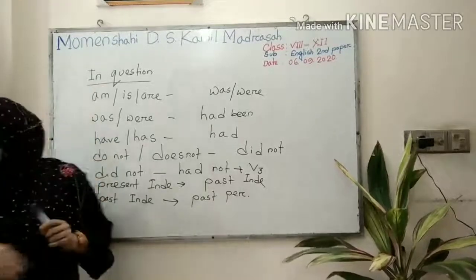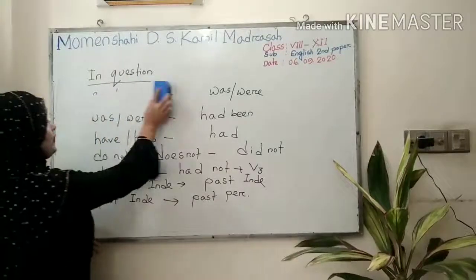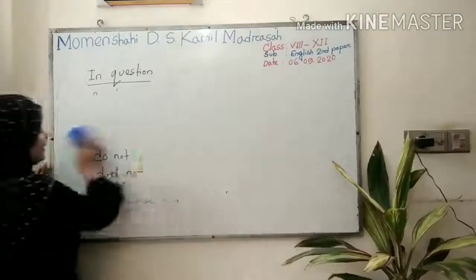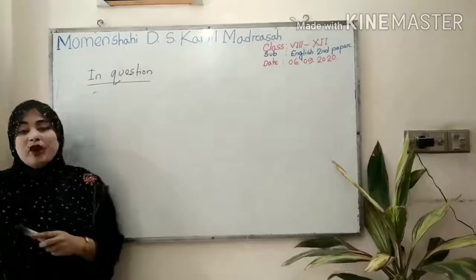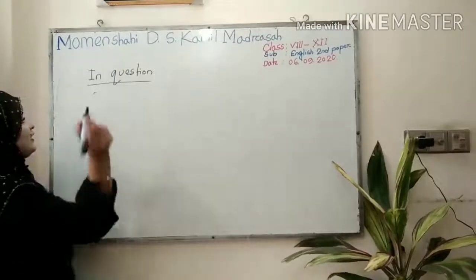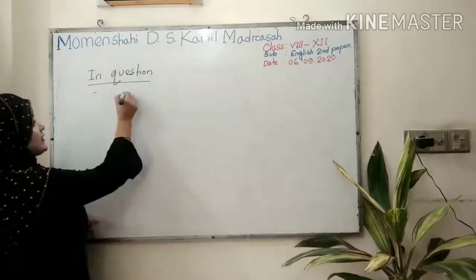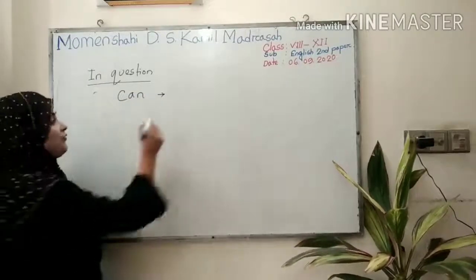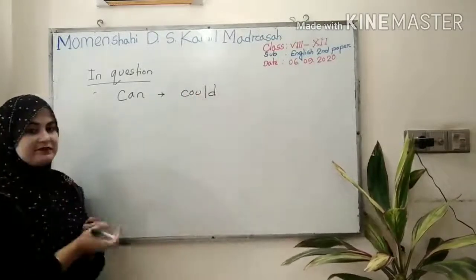And we find another auxiliary, that we definitely know, that is modal auxiliary. What did I ask? Modal auxiliary. Yes. Again, if you find the modal can, you have to write could.